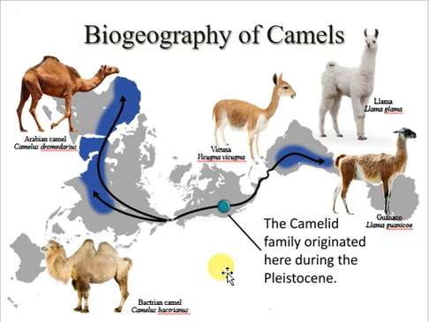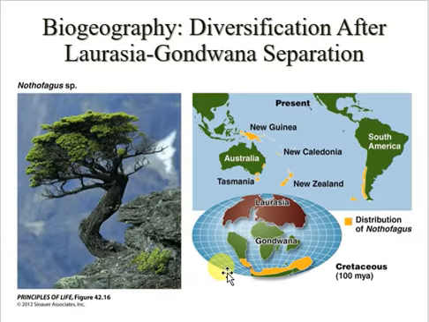So, for example, there are unique groups of plants and animals that are split to either northern or southern continents, and they can be traced to the split of Pangea into two supercontinents, Laurasia in the north and Gondwana in the south.